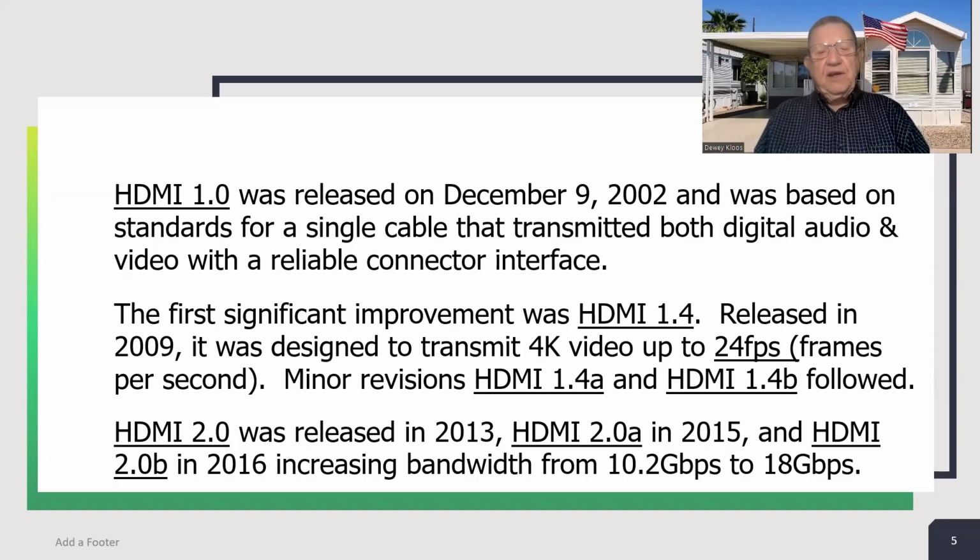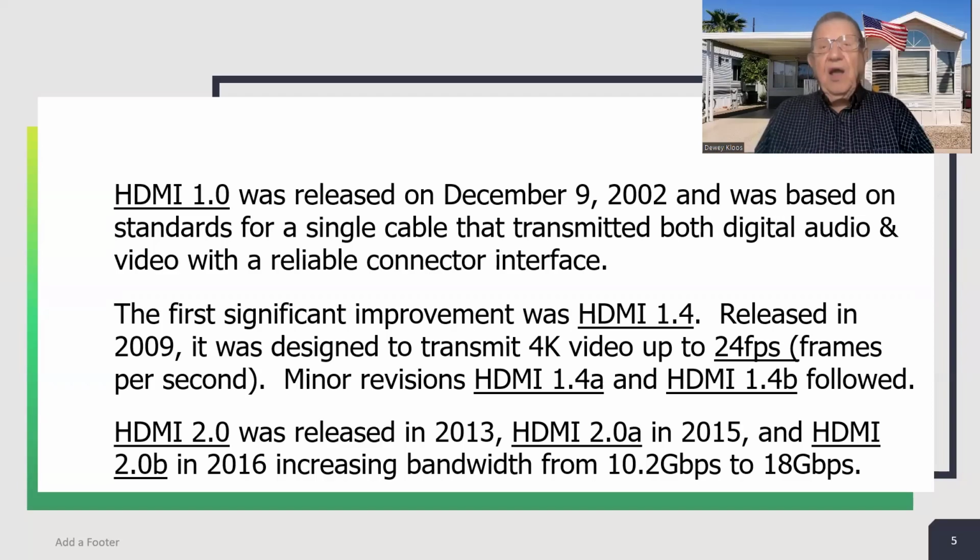The first significant improvement was HDMI 1.4. Released in 2009, it was designed to transmit 4K video up to 24 frames per second. Minor revisions 1.4a and 1.4b followed.